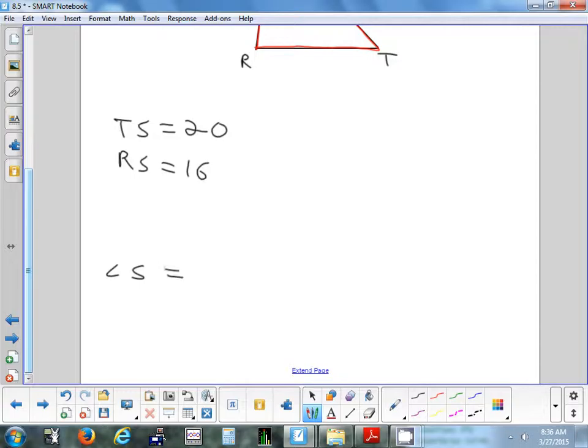Angle S is congruent to angle S because of, what's that word again? Why is it congruent to itself? Reflexive. Okay, so that's one. Gives us an angle.